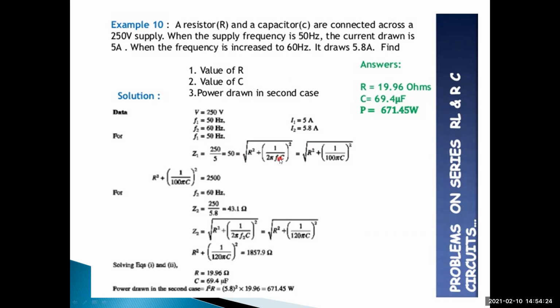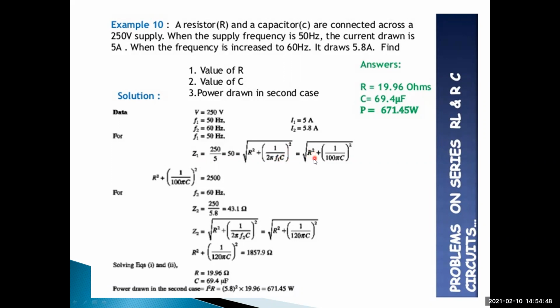XC is equal to 1 by omega C, XL is equal to omega L, and omega is equal to 2 pi f. So XC is equal to 1 by 2 pi f C.